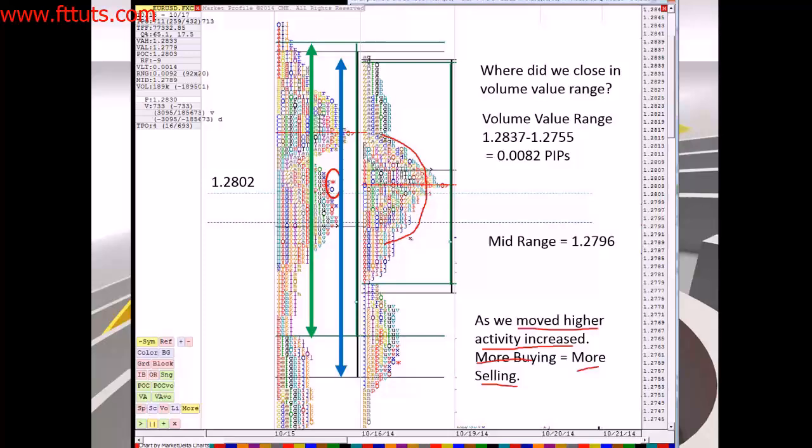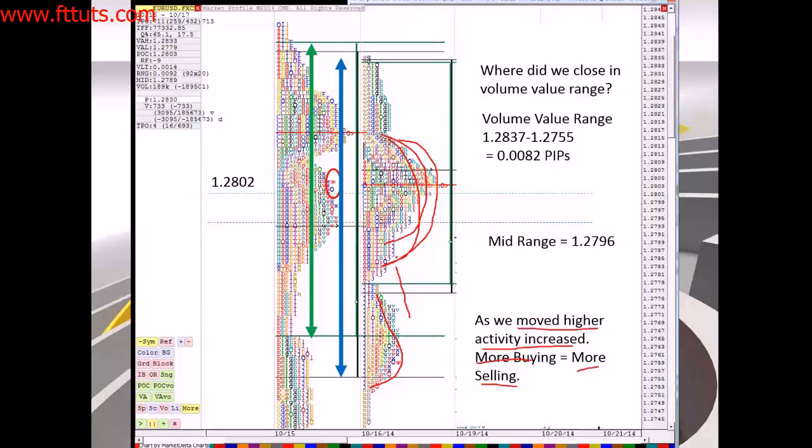See, all of this activity, if this were all buyer dominant, we would have expected the profile to shoot back up higher. But by virtue of the fact that all of this activity pushed us lower and created a new cluster down here, that of course tells us that sellers were dominant during this region of activity and brought prices lower to close below the value area low.